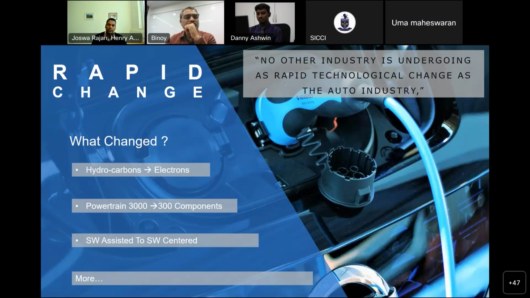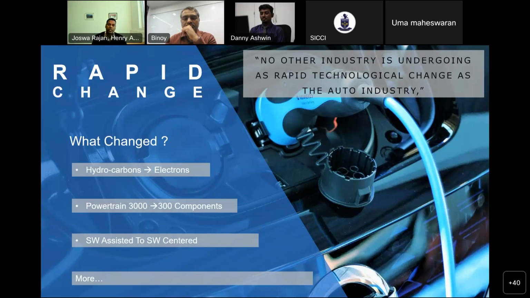Before we get into the EE architecture and the software part of EV, EV seems to be a highly talked about topic these days. It's a cliche statement, but a true one: it's a rapid change. There's no other industry at the moment going through such a fundamental change as the auto industry.